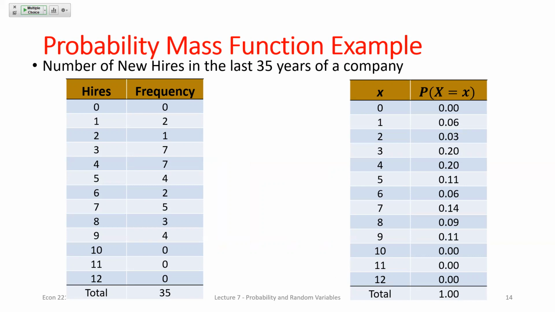So if I want to find the mean of a discrete random variable, or here the mean number of new hires, I don't want to simply add these values up and divide by the number of values I have, like a typical mean, because I know that some of these outcomes are way more likely to occur than others. So I want to weight the outcomes that are more likely.